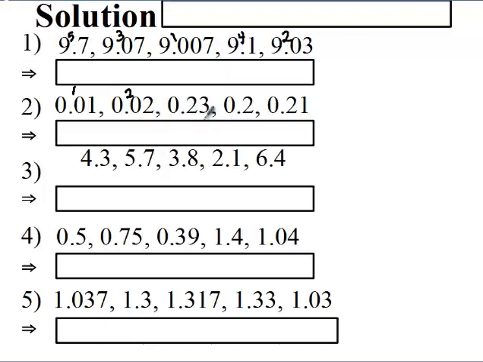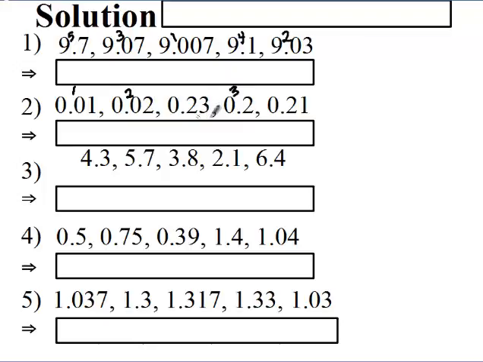Let's now move on. These have 2, 2, 2 each. So let's move on to the 100th column. In the 100th column, this number has 3. This one has no number, so 0. And this has 1. So 0 is the next.